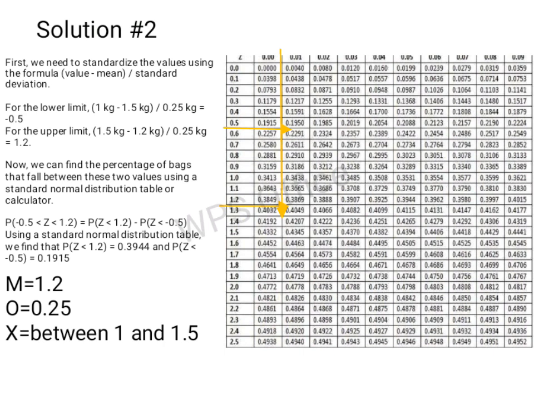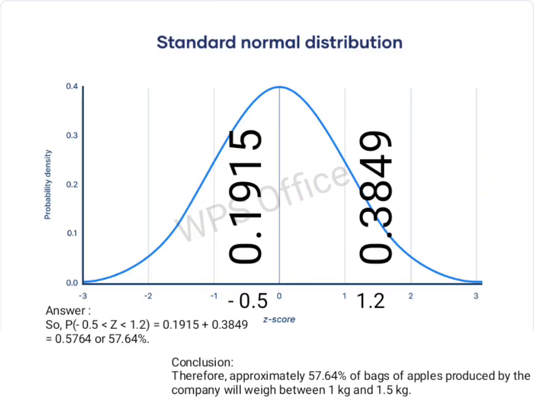Now, let's proceed to the normal distribution bell curve. So, -0.8 less than z less than 1.2 is equal to 0.1915 plus 0.3849, that is equal to 0.5764 or 57.64%.